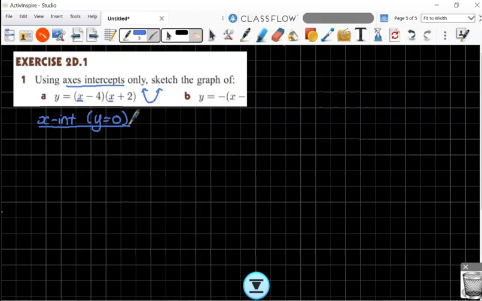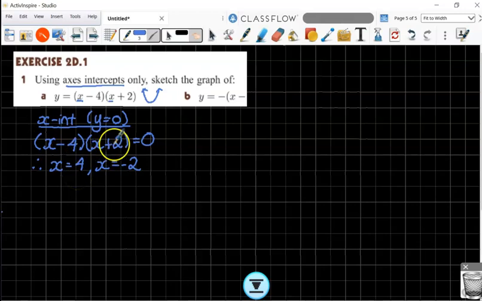All right. So what we're solving, this one is nice. It's already factorized for us. What take 4 equals 0? 4 take 4.